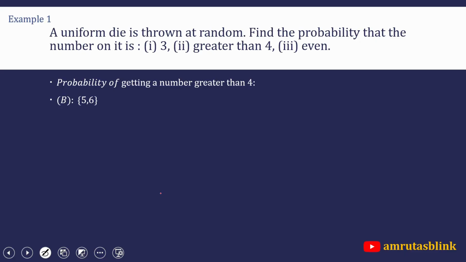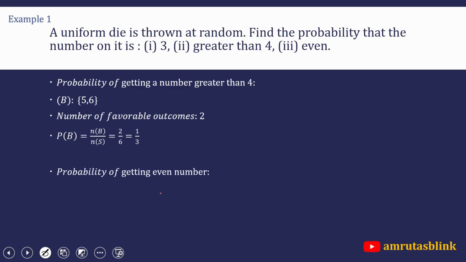Now here they have asked greater than 4, hence we cannot include 4 and we can include only 5 or 6. So how many possible outcomes are there in this event B, which is 2, and hence the probability of this second event, P(B) is equal to n(B) upon n(S), which is equal to 2 upon 6, and we can simplify it to 1 by 3.